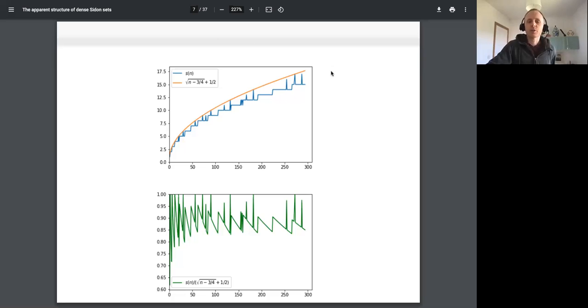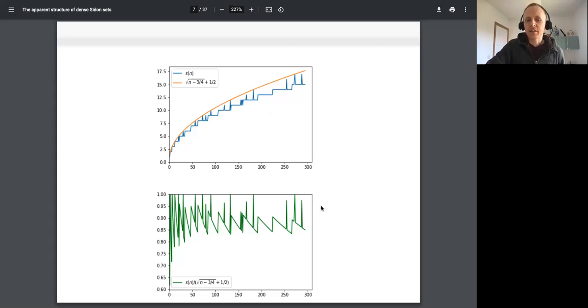And what you can see is that occasionally we have these spikes where we attain this upper bound, but very often we don't come quite close to it. And this bottom plot is just the ratio of these two lines. So this is precisely the ratio I'm interested in.